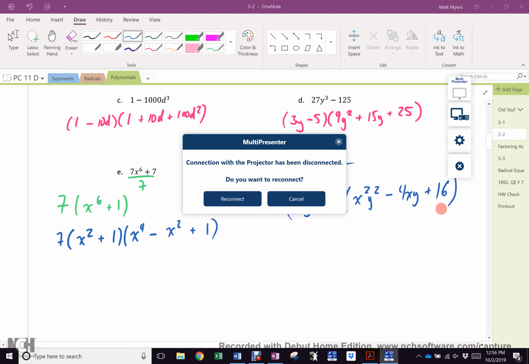So you're not going to the bathroom for 10 minutes. By the end of tomorrow, up to and including page 64, whatever, the last page before radical equations.